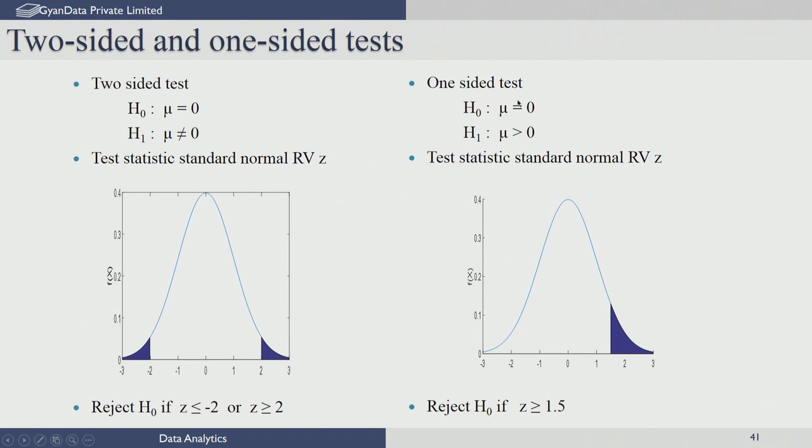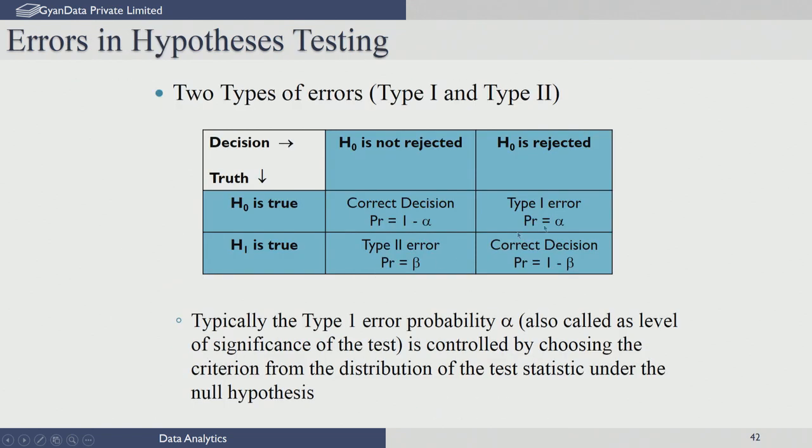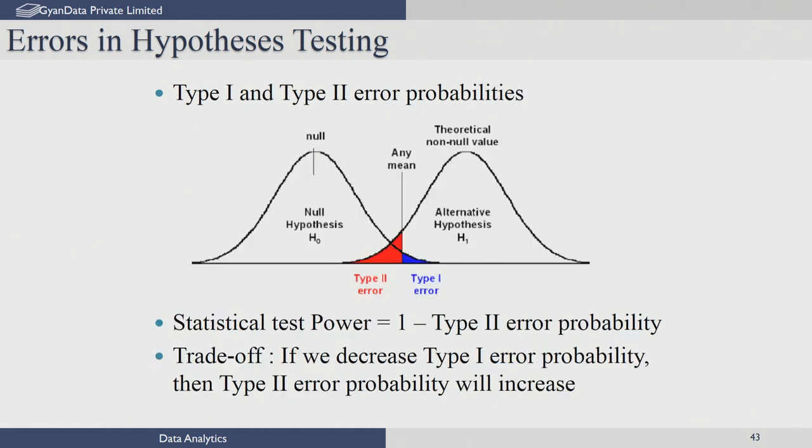Therefore, it is possible to construct the distribution of the test statistic under the null hypothesis, and that is the reason we only end up controlling the type 1 error probability and not the type 2 directly, by choosing the test statistic. Now, let us see how we actually control the type 1 error probability by choosing the appropriate test criterion value.